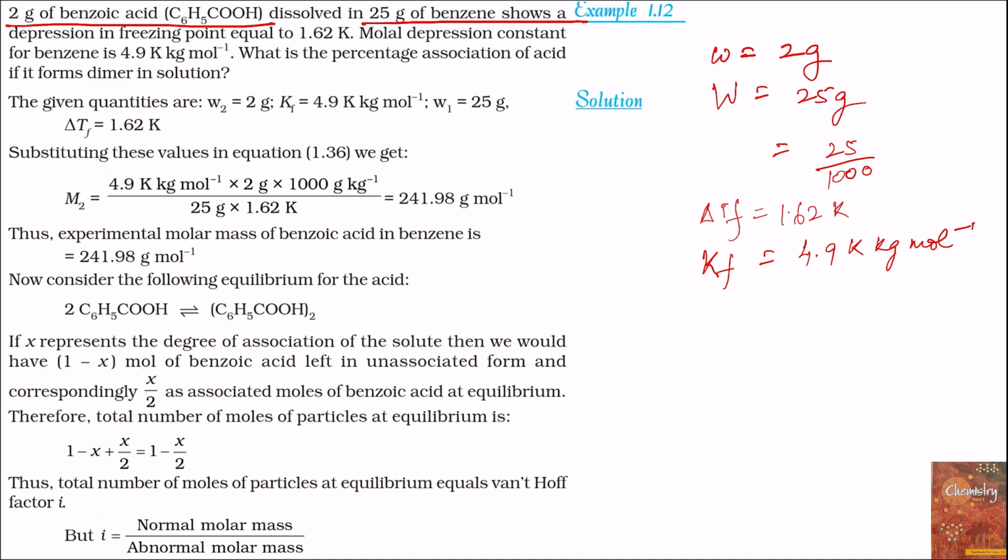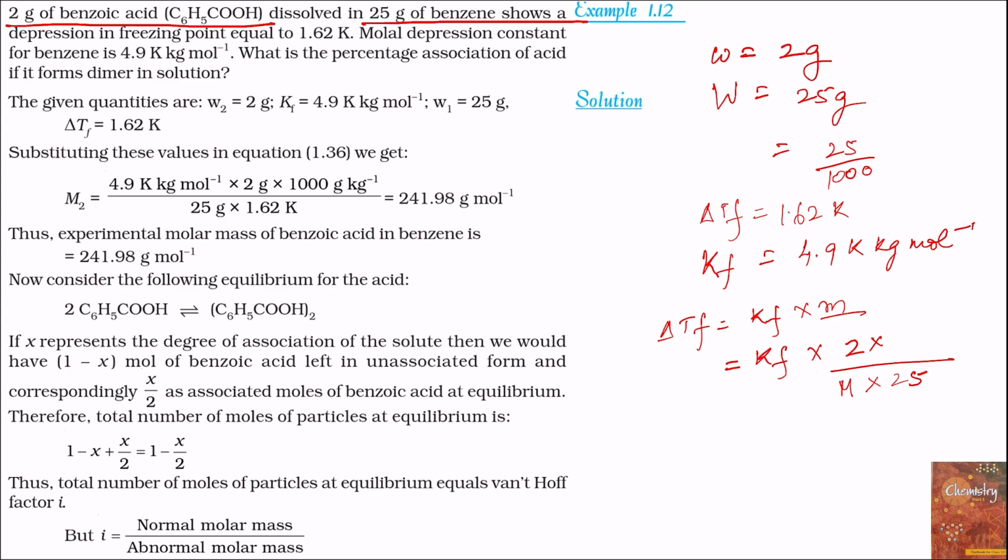So first of all, applying the formula, delta Tf is equal to Kf into m, where m is molality. Then writing the formula for molality, Kf into weight of solute divided by molecular weight of solute. Molecular weight of benzoic acid, let it be M. Then in the denominator, weight of solvent in kgs, so 25.